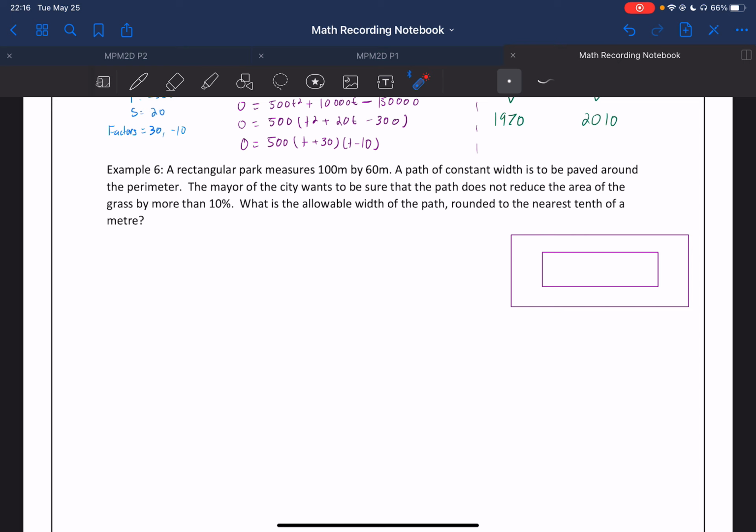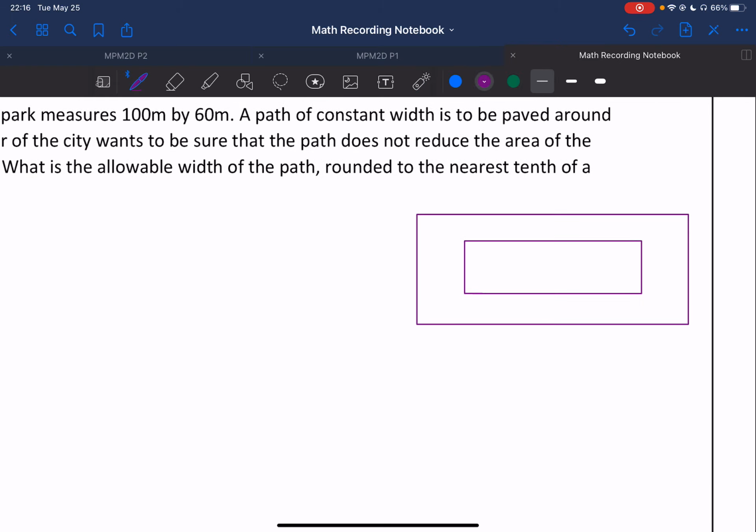So let's start moving this into an equation. Let's look at a little diagram. This outer box in purple, what I'm going to label in purple, is the original width of the garden. So we have 100 meters by 60 meters.